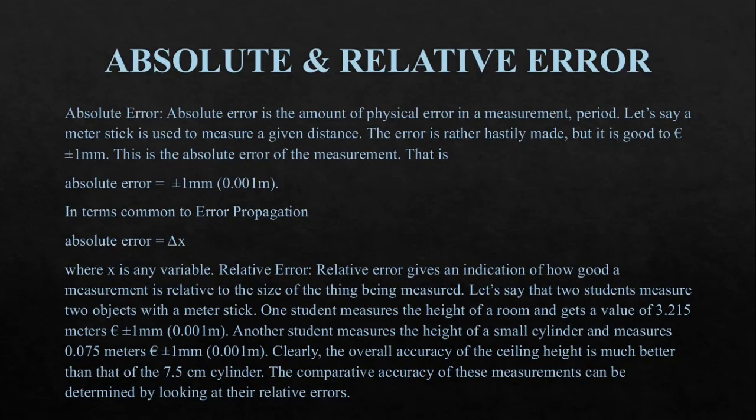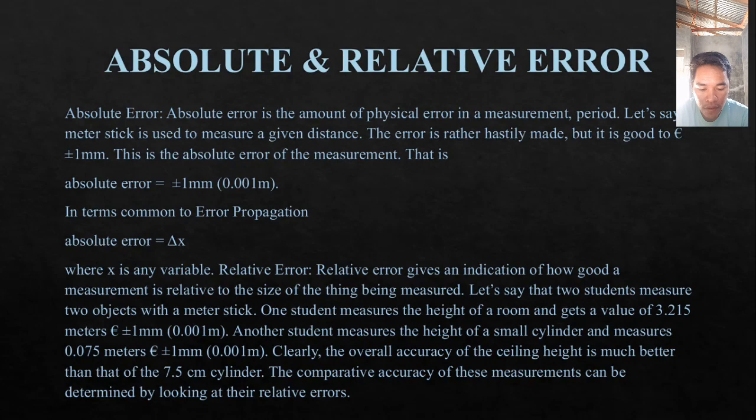Absolute error is the amount of physical error in a measurement. Let's say a meter stick is used to measure a given distance. The error is rather hastily made, but it is good to plus or minus 1 millimeter.